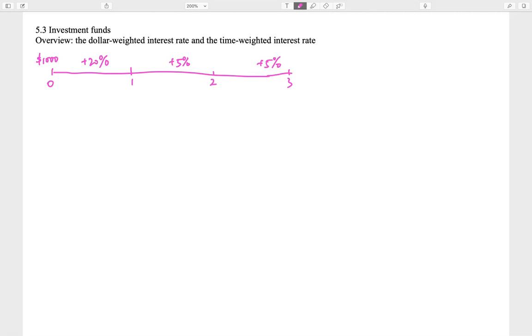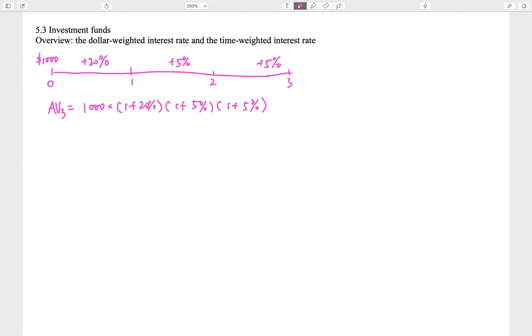From here, we can easily calculate the accumulated value at the end of 3 years. So that would be 1,000 times 1 plus 20% times 1 plus 5%, and then times 1 plus 5%. So here what we assume is the money does not leave this fund, right? So we start with 1,000. By the end of 1 year, we will have $1,200.